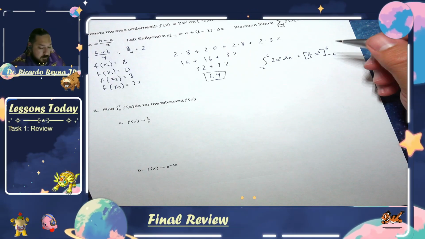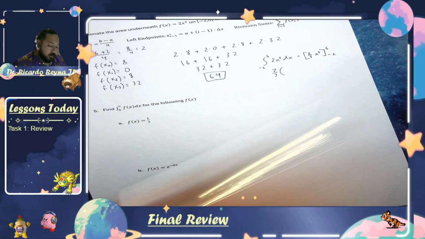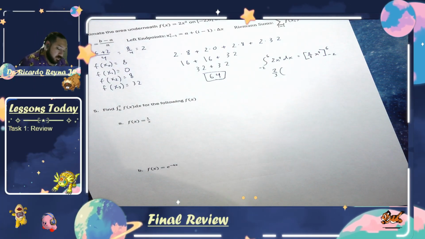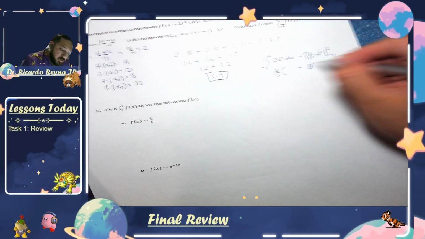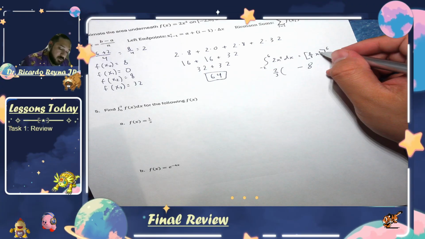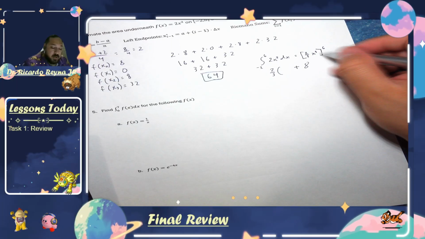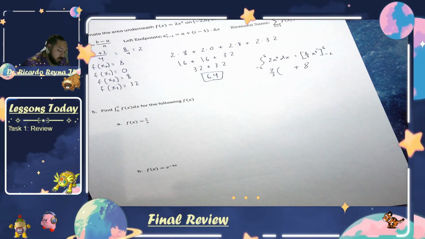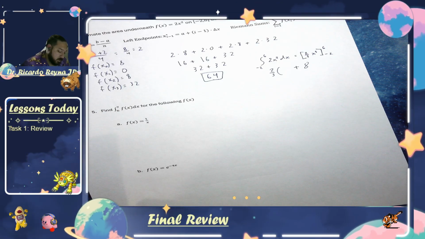So, let's do that a little bit on the side because I know, for example, that's going to be +8, because it'll be minus a negative, and -2 to the power of 3 is definitely going to be -8.